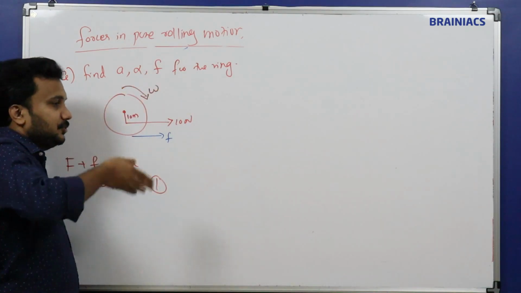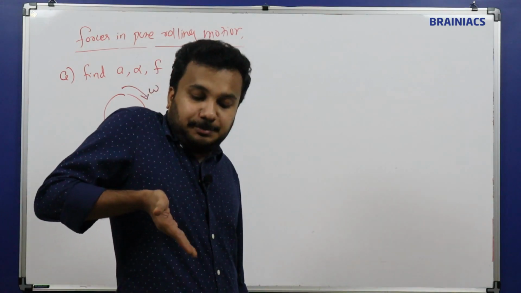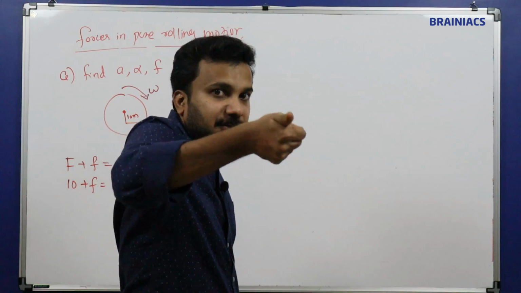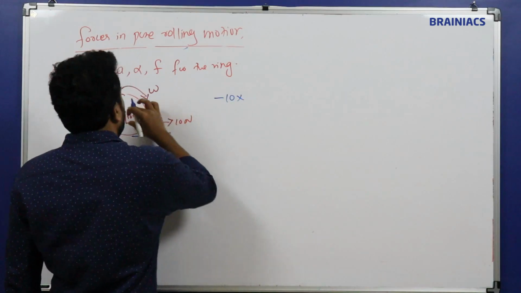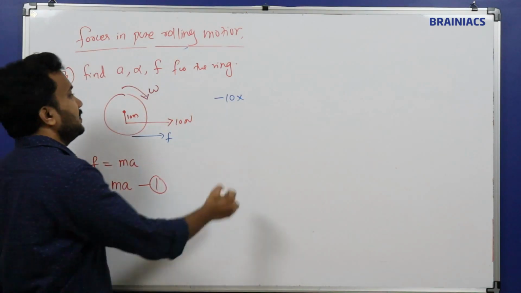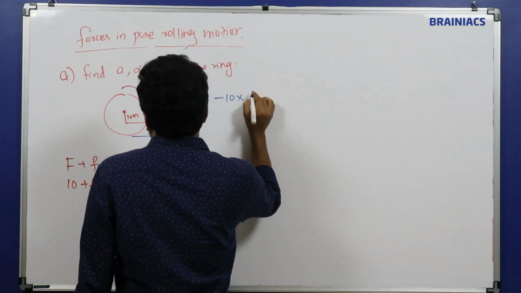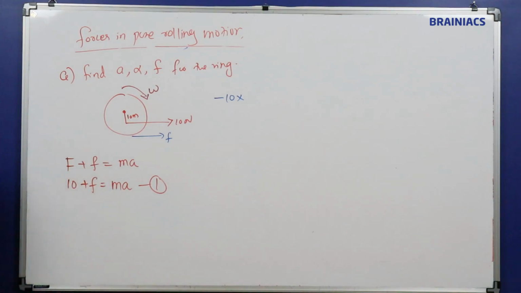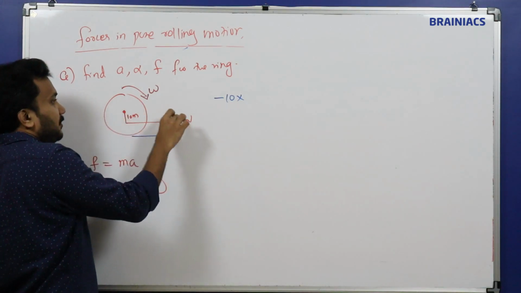So R cross F. The first case, the force is downward, so R cross F for 10 newton. Fingers are coming towards you, towards you is negative. So I am writing minus 10 into the distance from the center. The force is acting at the point of rotation, so how much distance away?